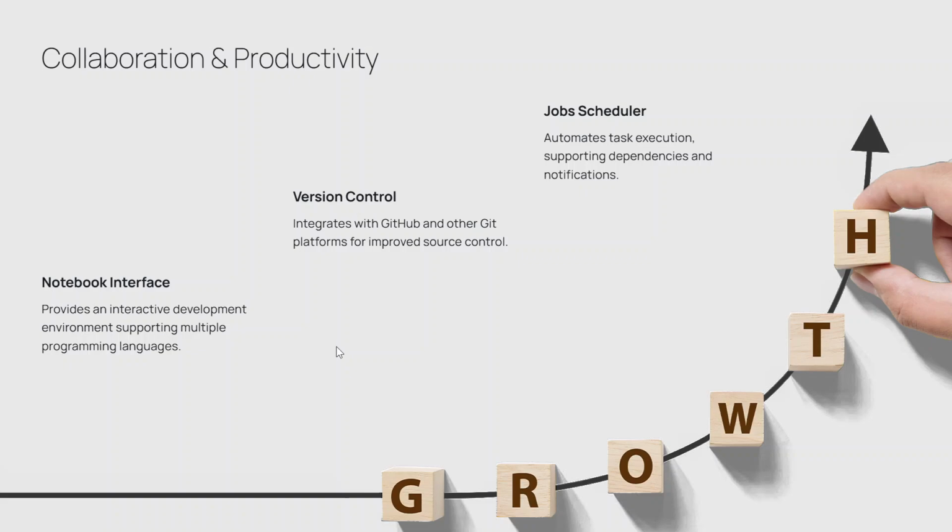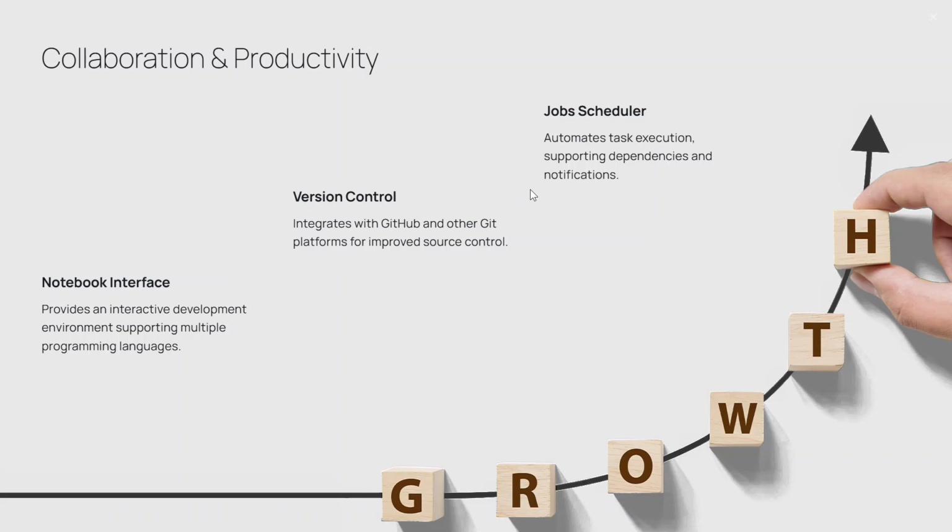The notebook interface is an interactive development environment supporting multiple programming languages like Python, SQL, and Scala, as I said before. With respect to Python, it is the PySpark framework.